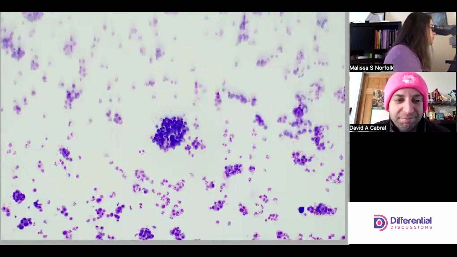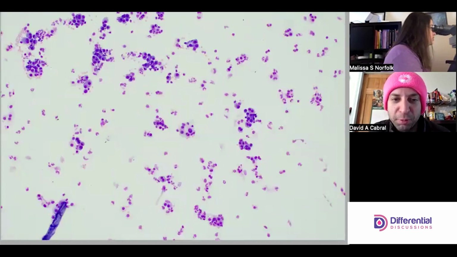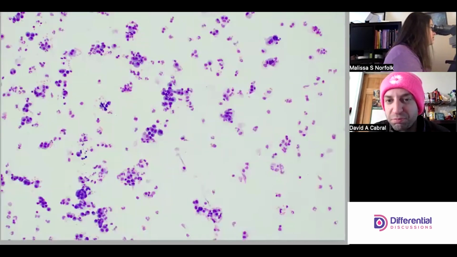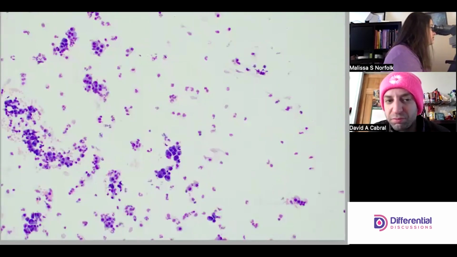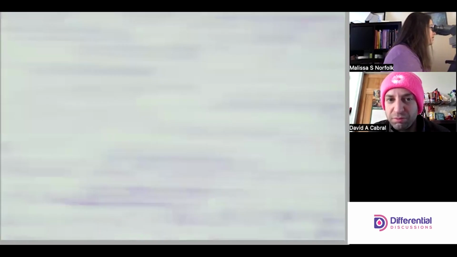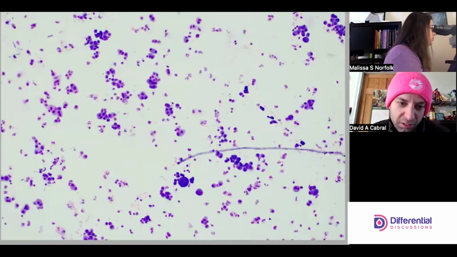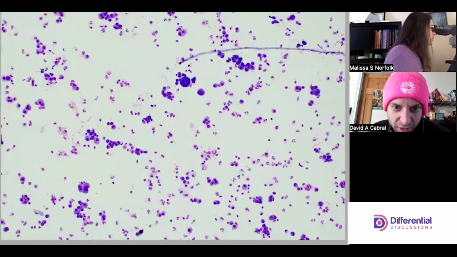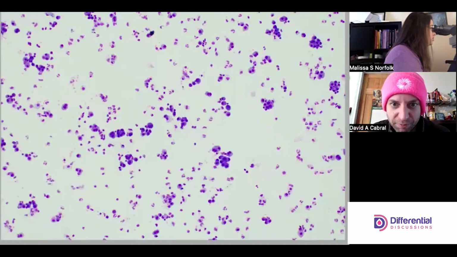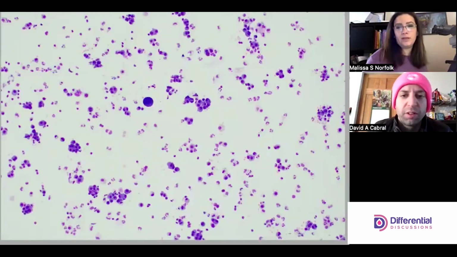A couple of dark ones, but mostly it's just those clumps of mononuclear looking cells. I want to go back and find that really dark cell. It might be a good one to look at first. I saw a couple of darker ones down here too. I was trying to find the one dark one that we saw earlier. Is that it? Yeah, that's it.